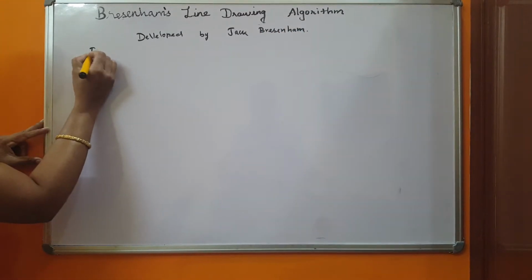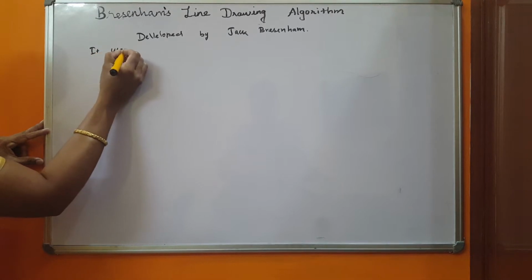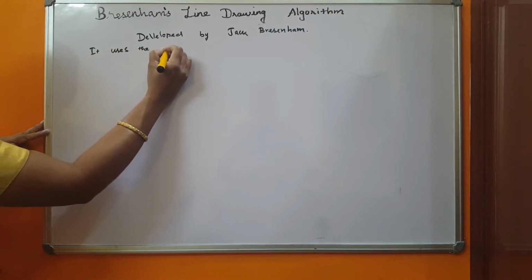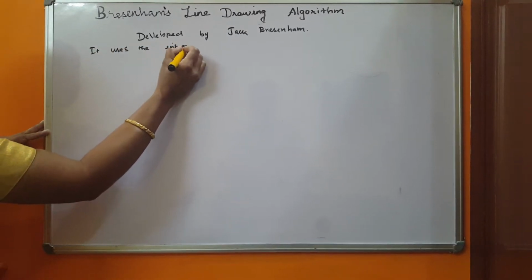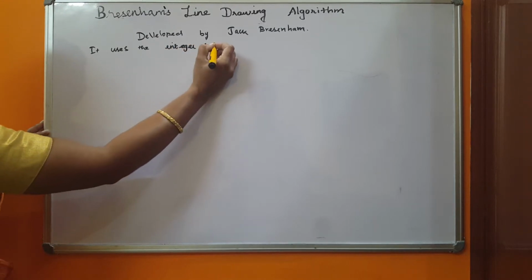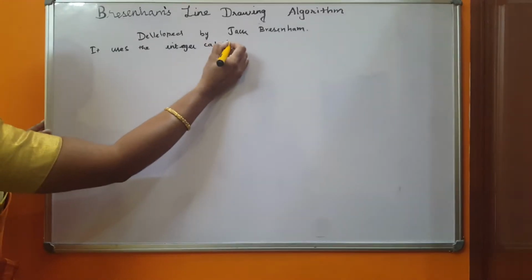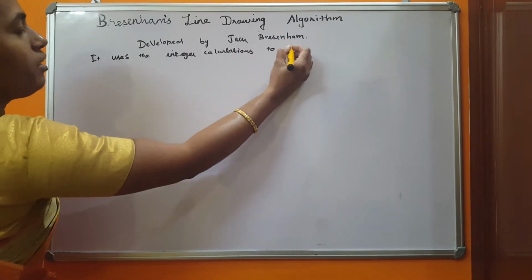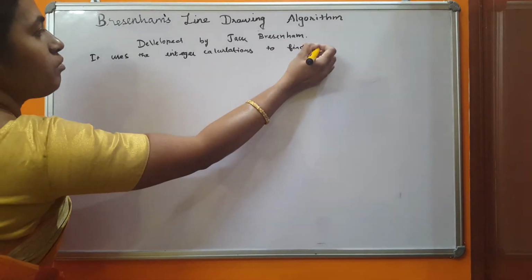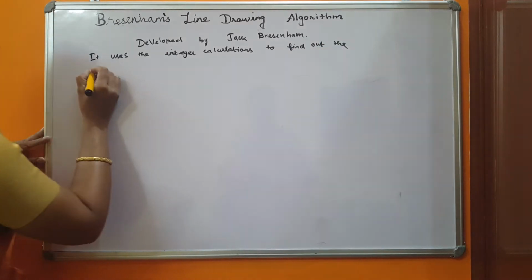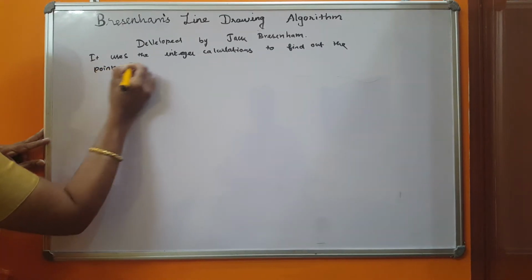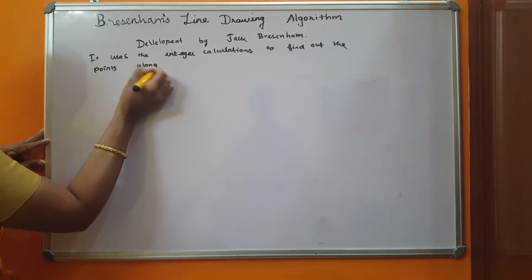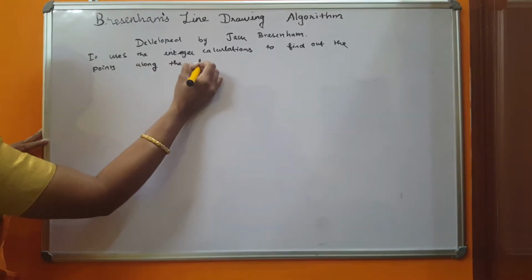It uses integer calculations to find out the points along the line. It is the advantage of this algorithm.